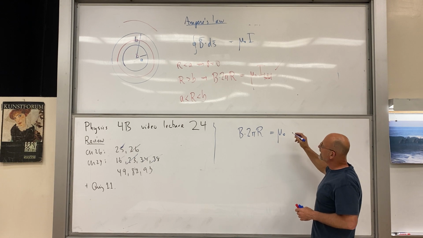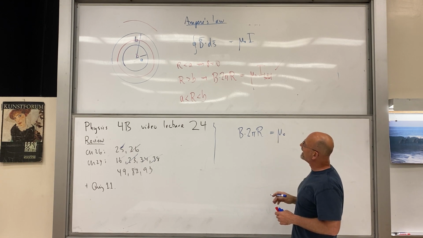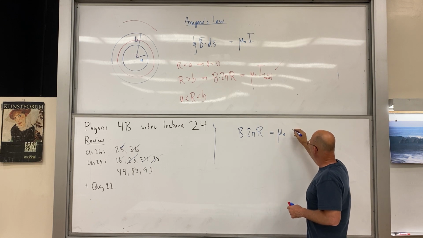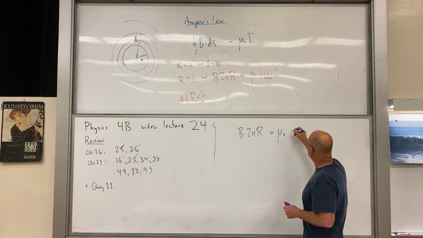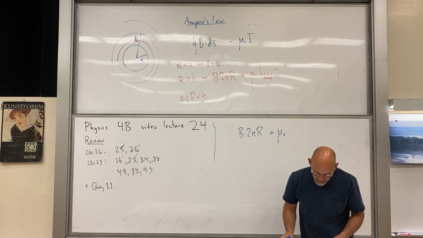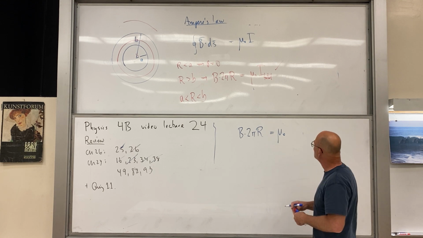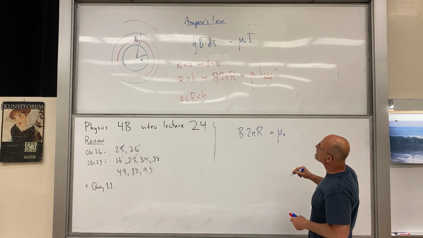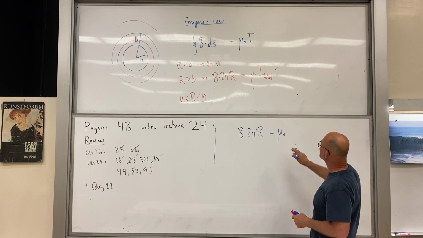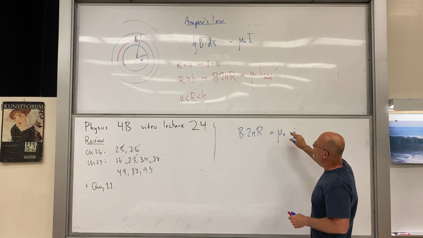So we could say it is a current density times that area. So that would be a current surface density times the area.